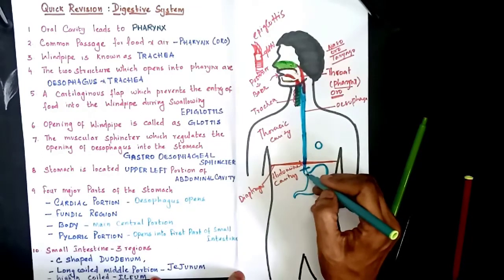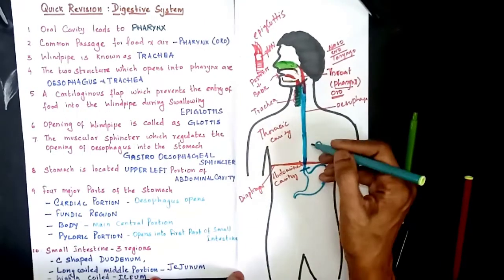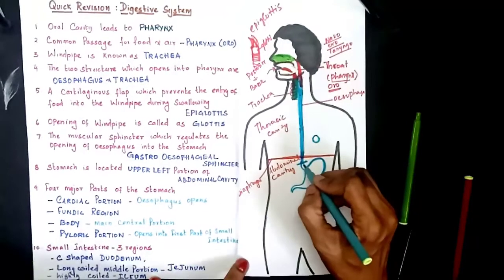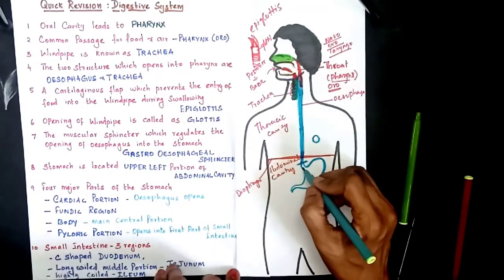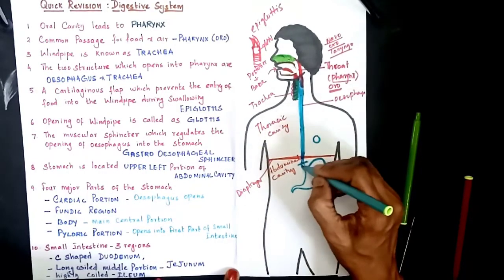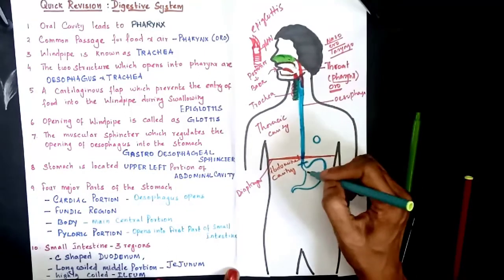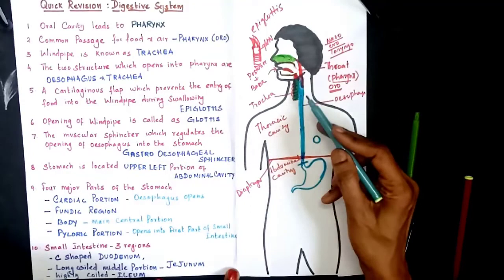So what is the important function? To prevent the regurgitation, or backward flow, of food into the esophagus. For example, you all must have experienced that if you take too much coffee, there will be regurgitation, that is, backward flow. When we take too much caffeine, this sphincter gets irritated and opens up so that the stomach contents reach up to the esophagus.